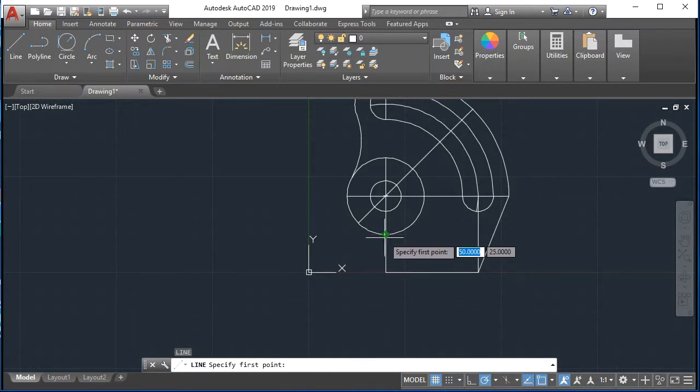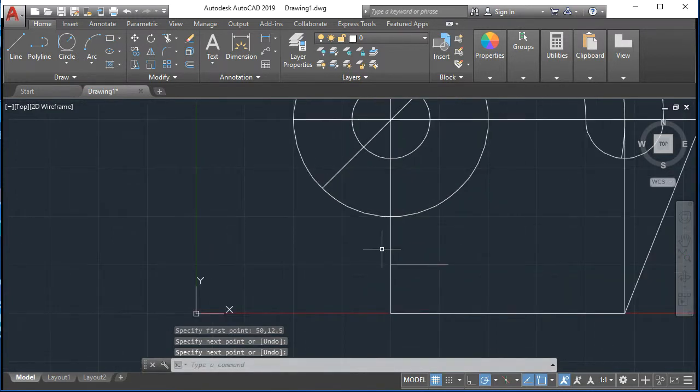From here to here the distance is, here is 50, 25 and 50, 0, so 12.5 on the x-axis, 50 on the x-axis, and on the y-axis 12.5. So this is the center point. We have found the center point.